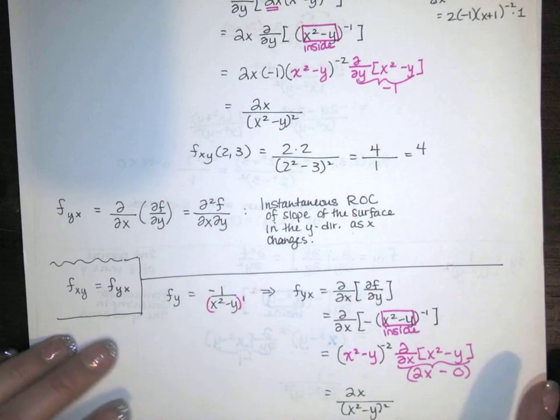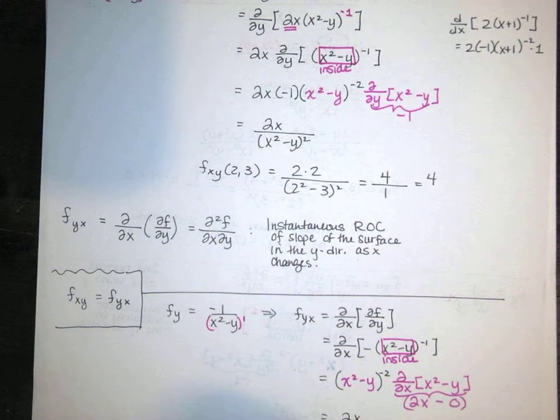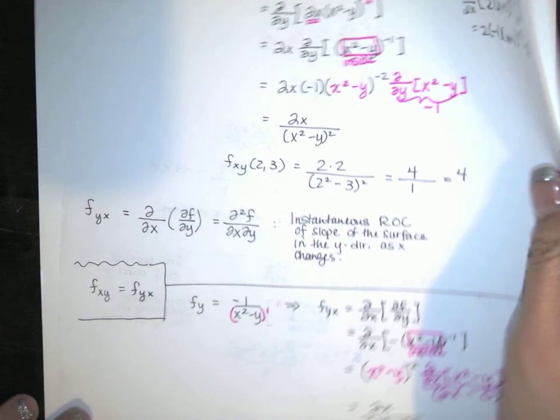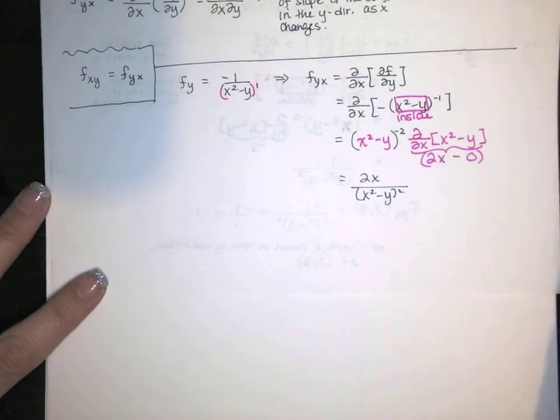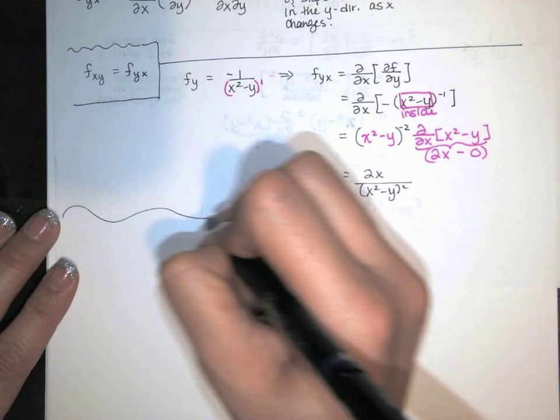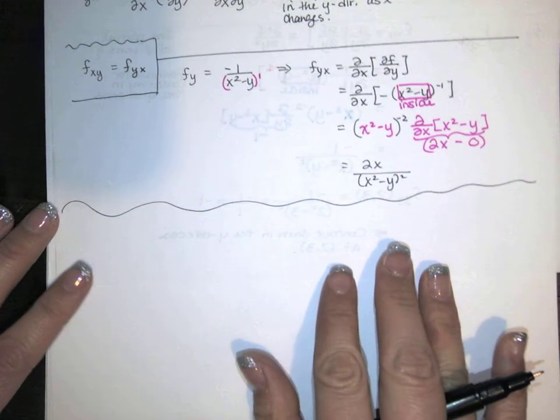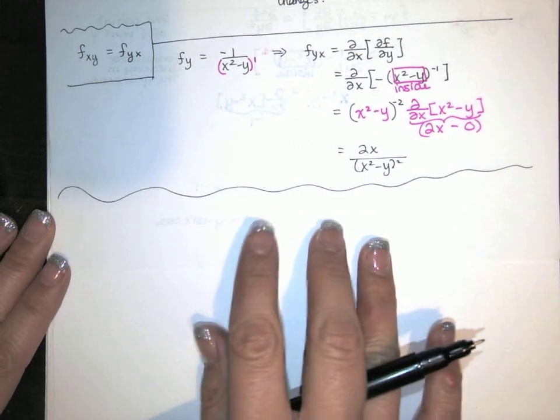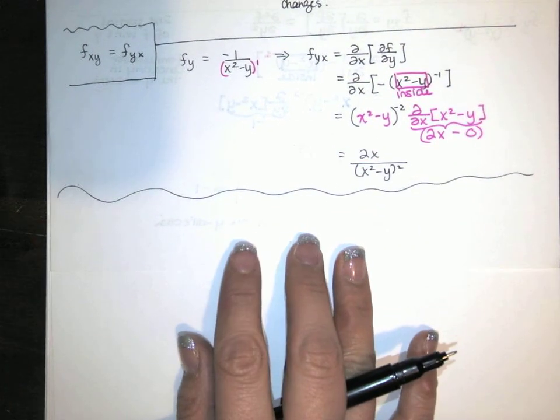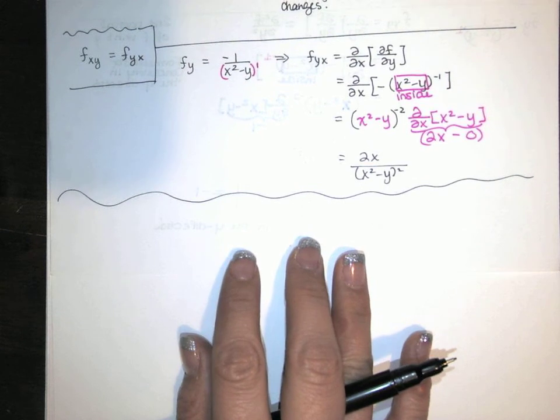Okay, so that's for functions of two variables. And functions of two variables correspond to surfaces. Now, if you have functions of n variables, we can't interpret all of these geometrically in the same way, but we can still interpret everything in terms of rate of change.